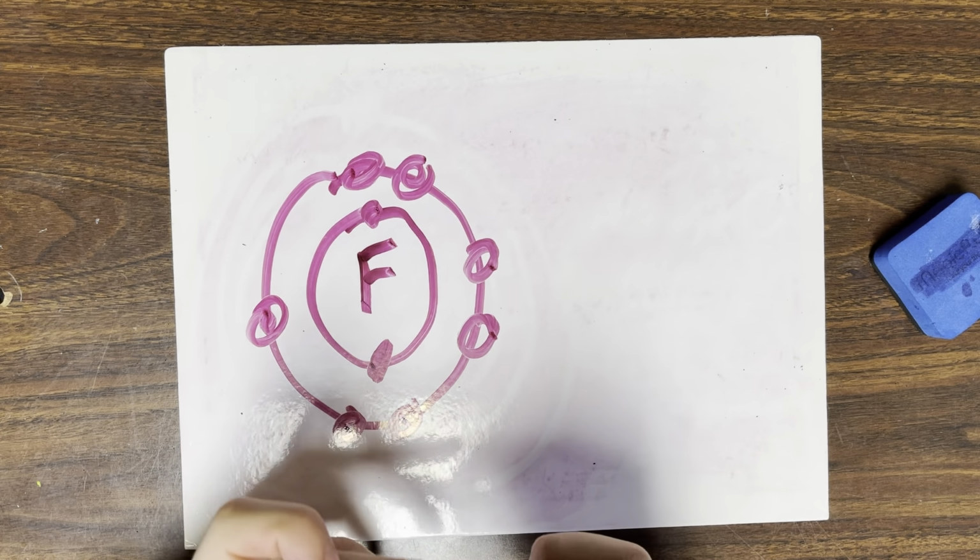That's because the distance between the center and the outside is very great. The pull of the center on the outer electrons is a lot less, causing it to not have as high a number because it can't pull electrons away as well.